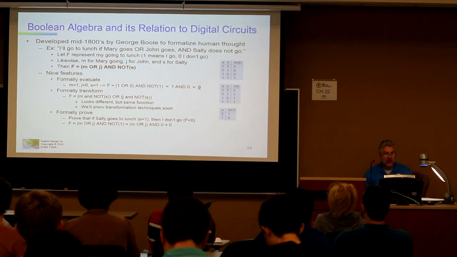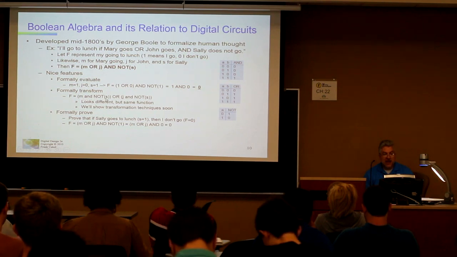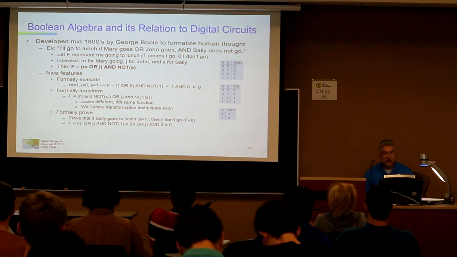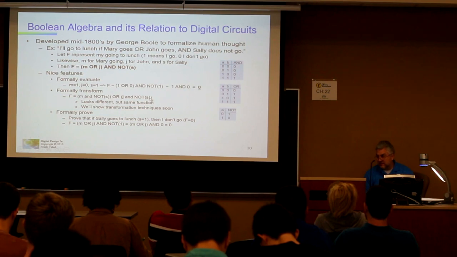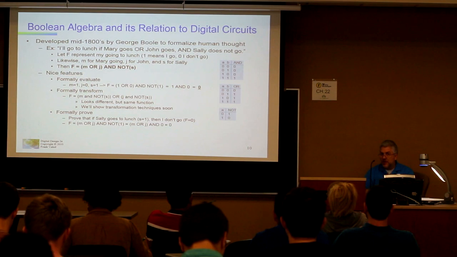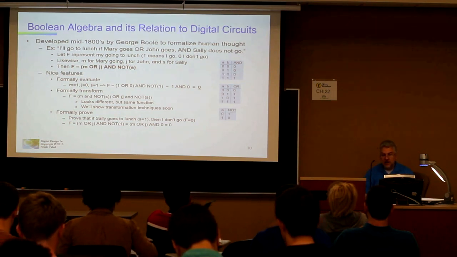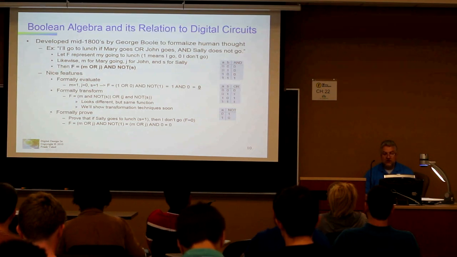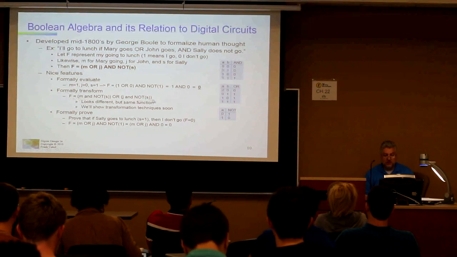I'll go to lunch if Mary is going and Sally is not, or I will go to lunch if John goes and Sally is not going. So there are different laws, or I should say activities, in Boolean algebra that will allow you to transform this Boolean equation right here into another one right here.